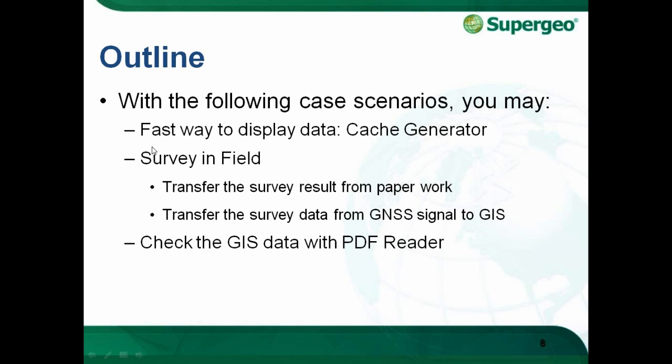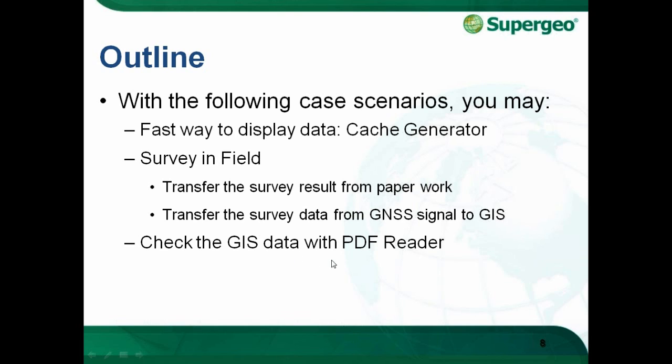So this is the second scenario that you might use. And then the final one is after doing all the settings about the GIS data, how you share the GIS data with those who don't have any GIS software.